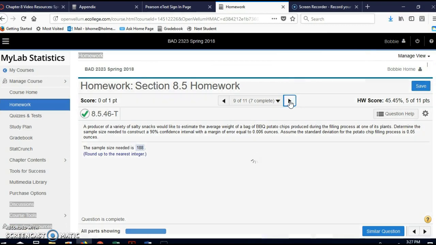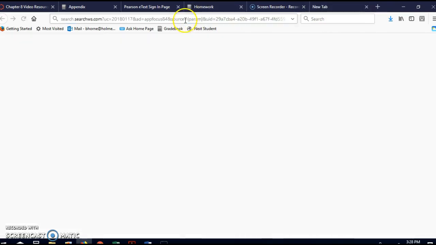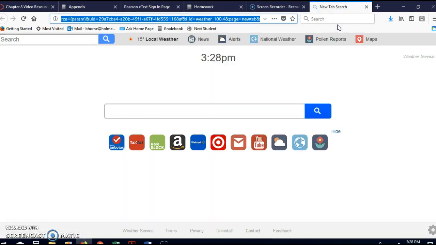Okay, on question 9, this one I had a little trouble with because it's asking for a 94% confidence interval. I looked it up on my phone for this one because I don't have that in the table.